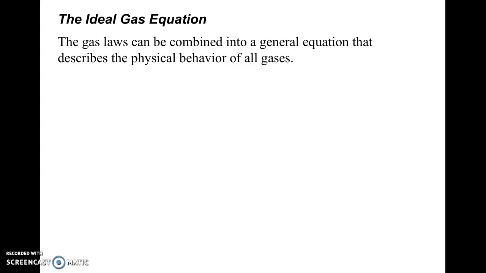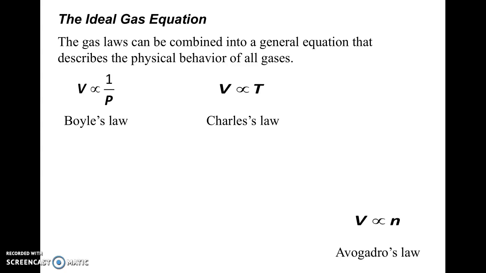So all of those gas laws could be combined into one general equation. So you had Boyle's law, which said that the volume was inversely proportional to the pressure. Charles' law said the volume was proportional to the temperature.